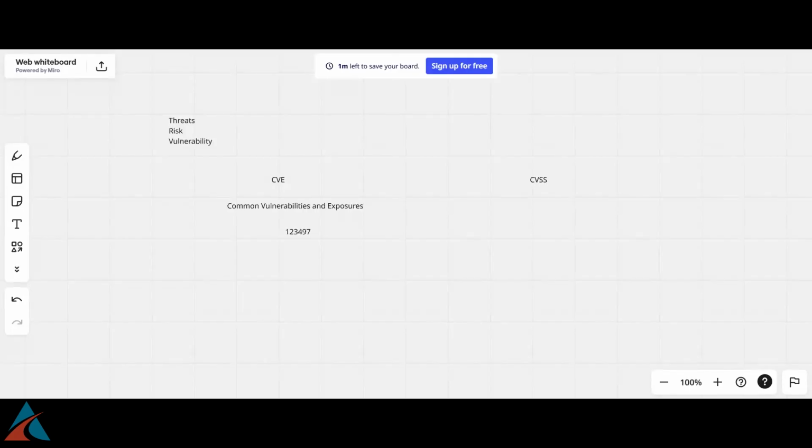Okay, so suppose Microsoft discovers a vulnerability, instead of giving it different names, everyone refers to it with one specific template. I'll give you an example of how it looks.